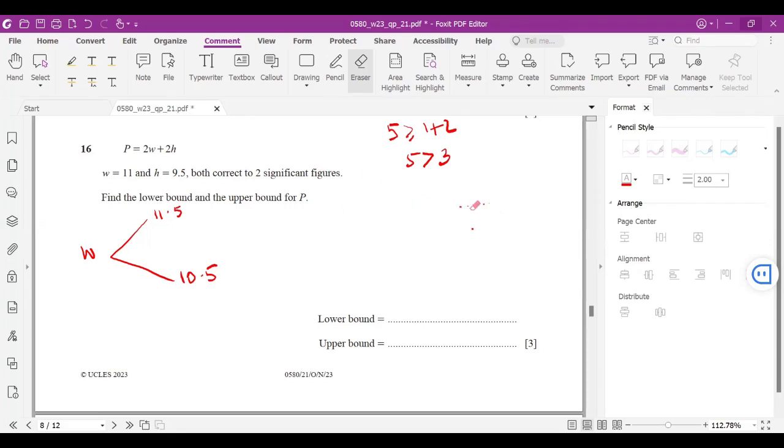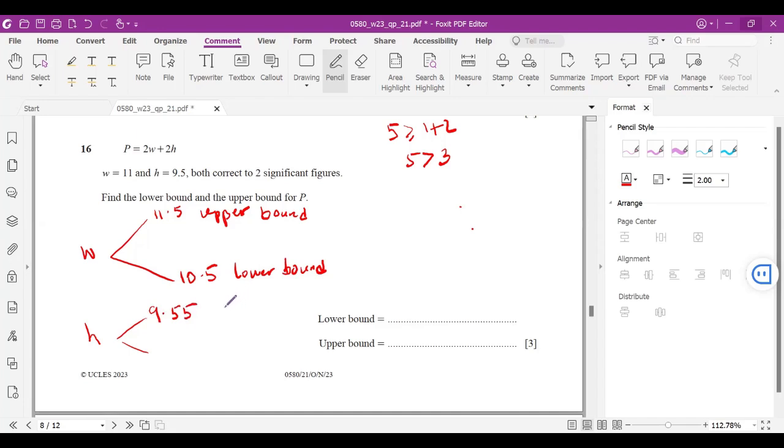Then let's look at the next one, which is H. We do the same thing for H. We need upper and lower bound. Here, for 9.5, we are going to add 0.05, so we get the upper bound as 9.55.